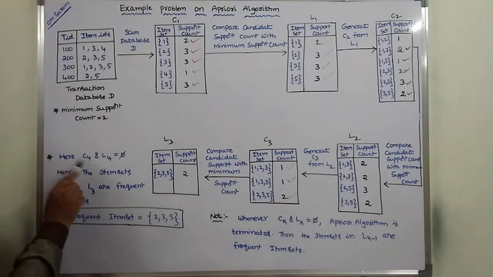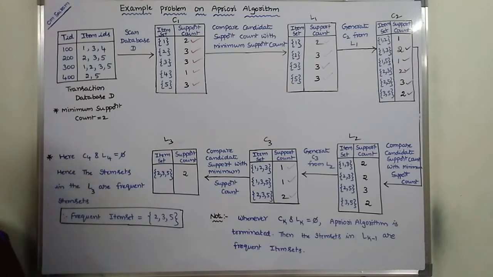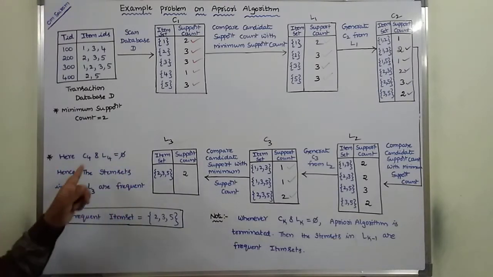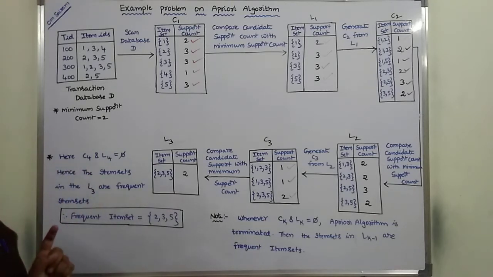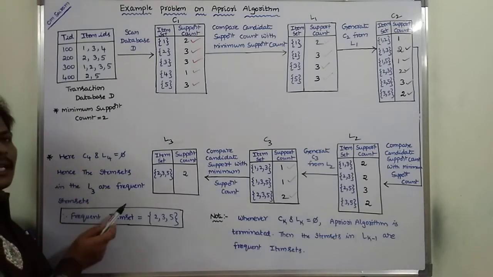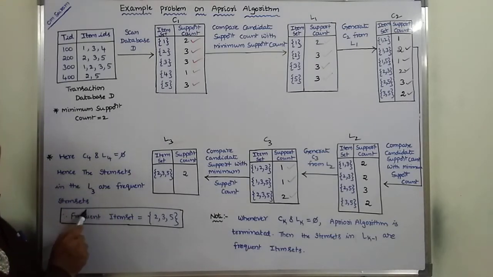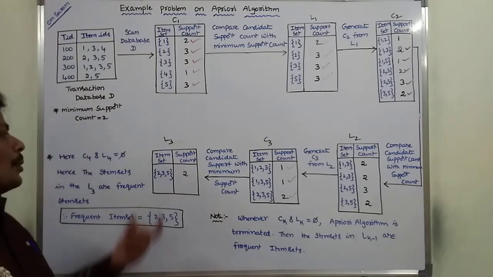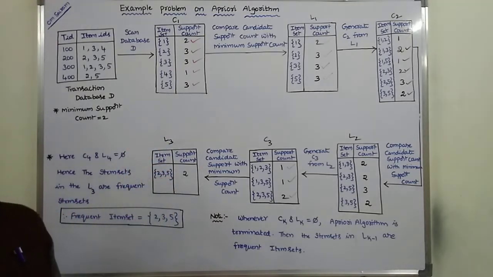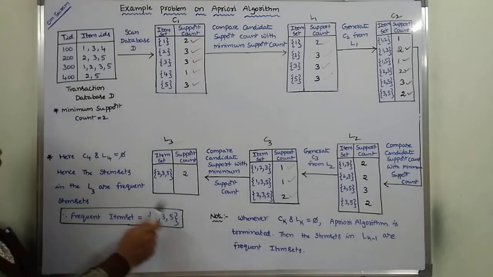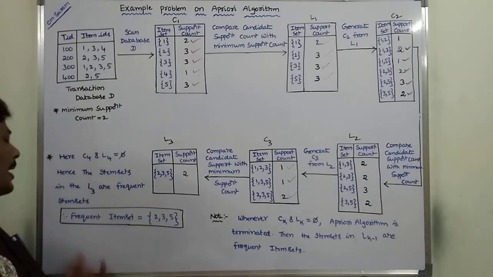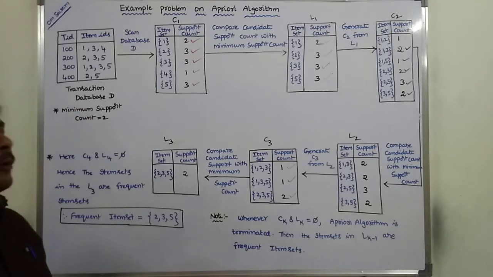Here C4 and L4 are phi, the null set. Hence the item sets present in L3 are the frequent item sets. In L3 only one frequent item set is there. Therefore the frequent item set is the set 2, 3, 5.